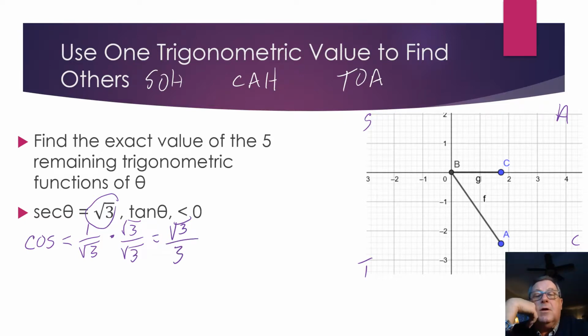Now, go back to SOHCAHTOA. Well, I know that the cosine is the adjacent over the hypotenuse. I also know that it is the x-coordinate over the radius.